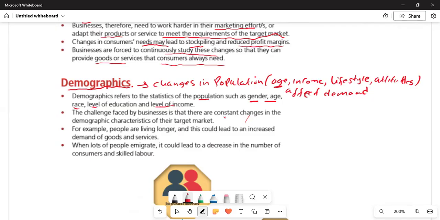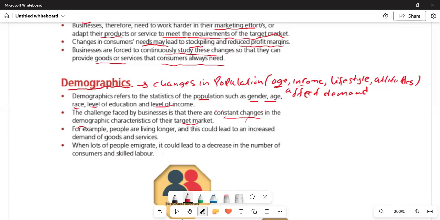The challenge faced by business is that there are constant changes in the demographic characteristics of their target market. Income can increase or decrease, the lifestyle will change, and this affects demand either positively or negatively.